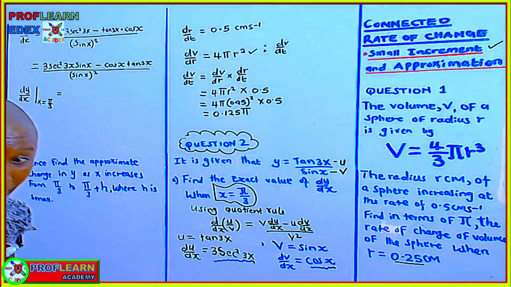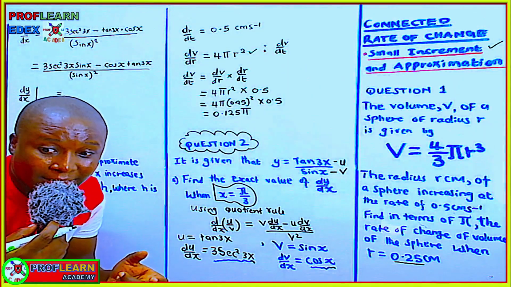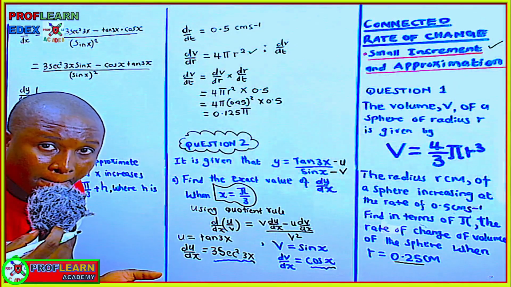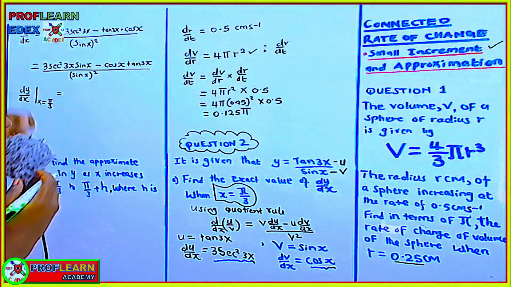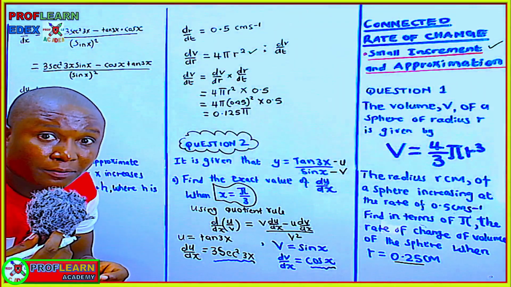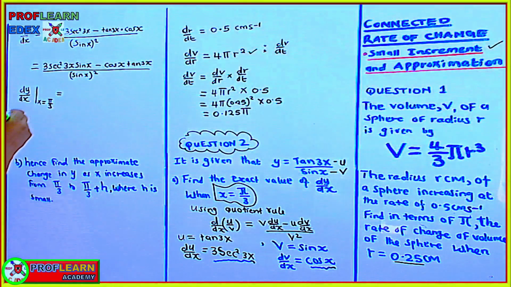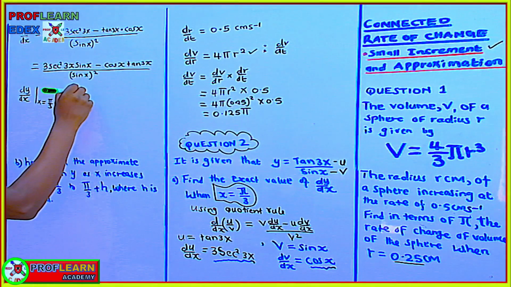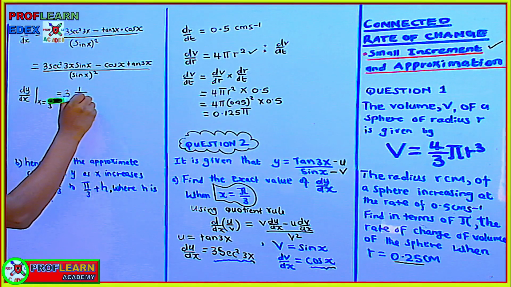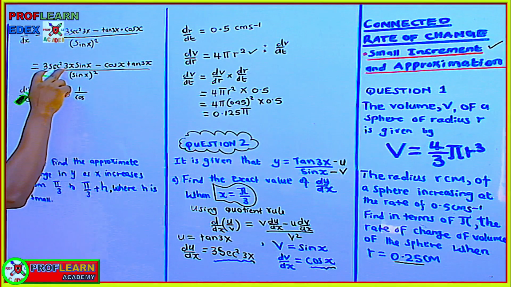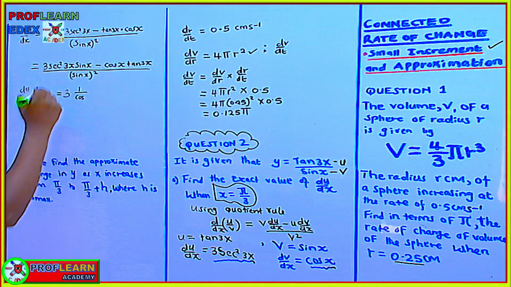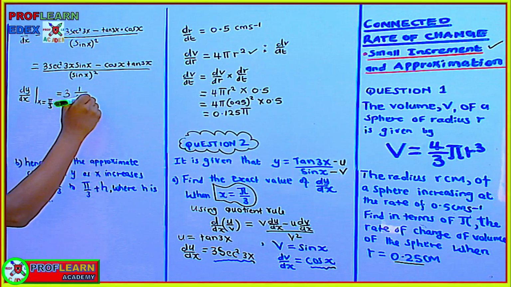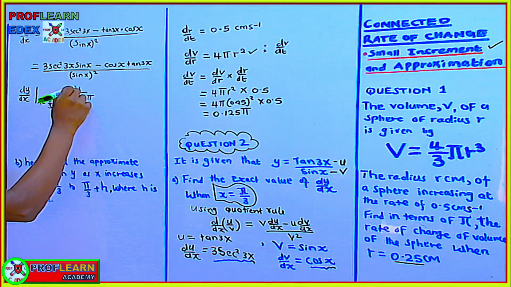What you need to remember is that a calculator doesn't have sec, and sec is the same as 1 over cos. So whenever we put this in our calculator, we're going to say 1 over cos of 3x. It will be 3 times pi over 3, and that is going to be pi.